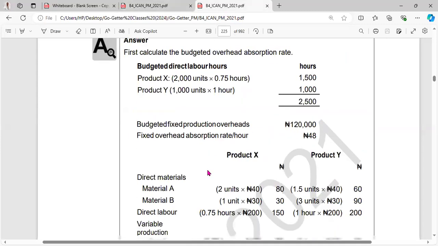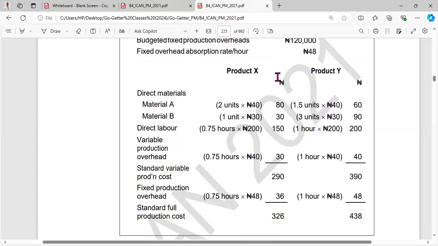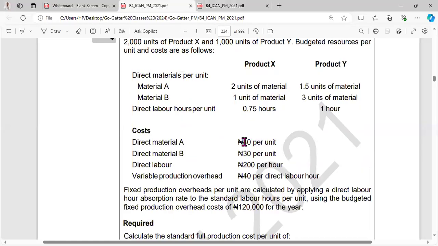All right. So what it means now is this is product X, this is product Y. All these here are per unit. So direct materials, we will need 2 units of A to make 1 unit of X. 1 unit of A costs 40 naira.